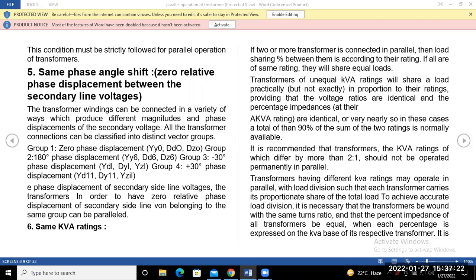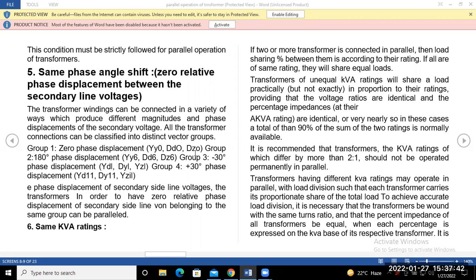I think you all are familiar with the 0, 6 and 11. So zero phase displacement is represented by the 0 in the suffix.